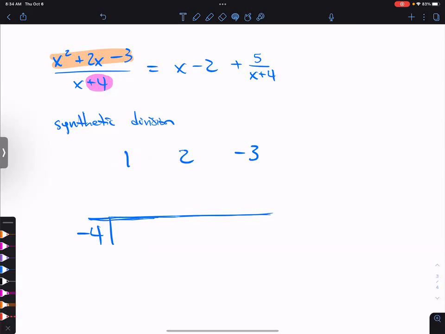Synthetic division is kind of just a shortened version of keeping the books. You do all the same stuff basically. It's just kind of writing less stuff down. The way this works though, you carry the first thing down. And then multiply this times this. So -4 times 1 is -4.